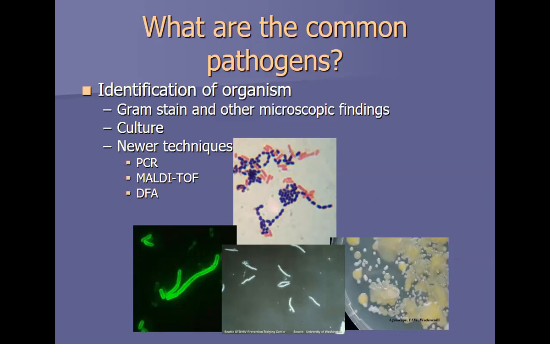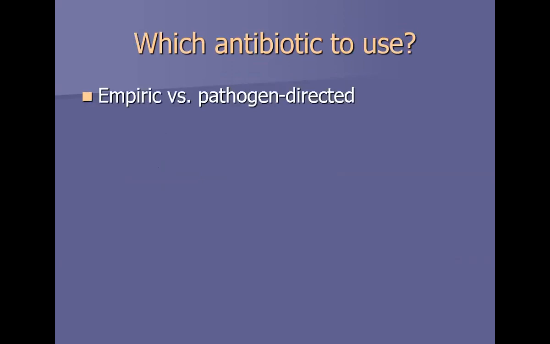We have PCR, MALDI-TOF, direct fluorescent antibody testing. We have something called a Karius test, which is cell-free DNA. So it can detect like 1,200 different pathogens, but it does not detect RNA viruses, okay? It'll detect DNA viruses, and it's very sensitive, so sometimes it'll detect things that aren't really causing an infection.